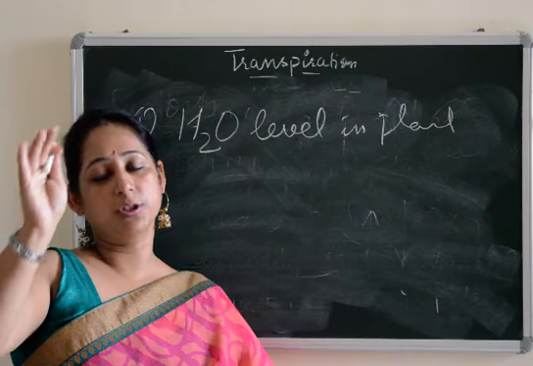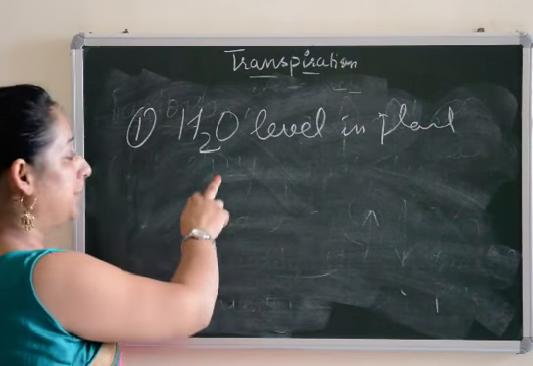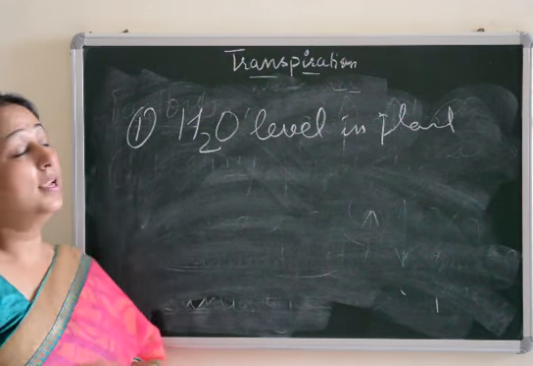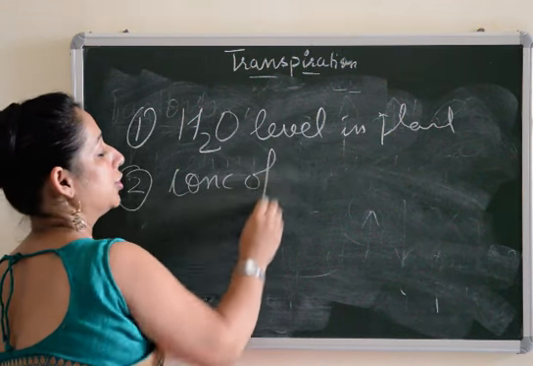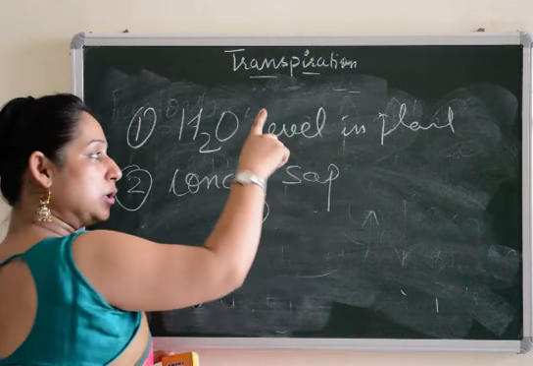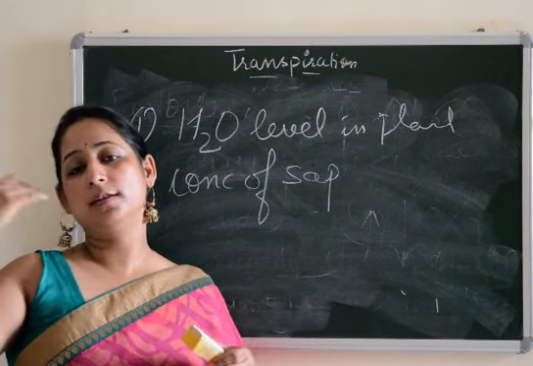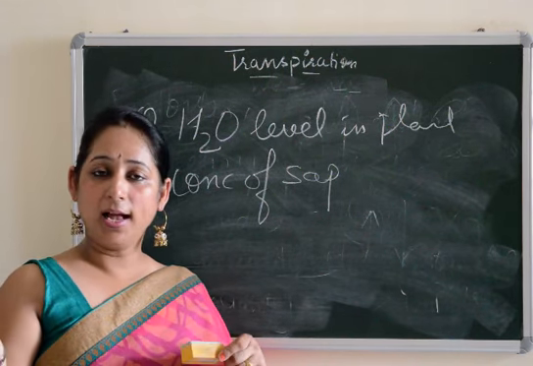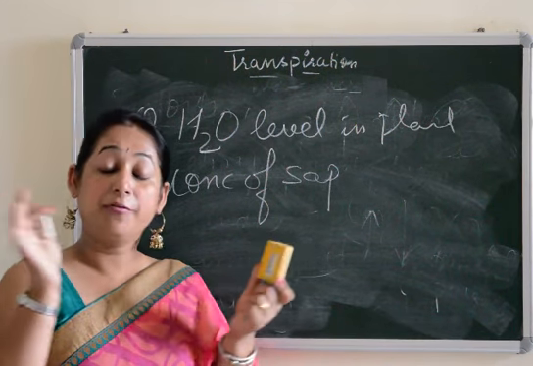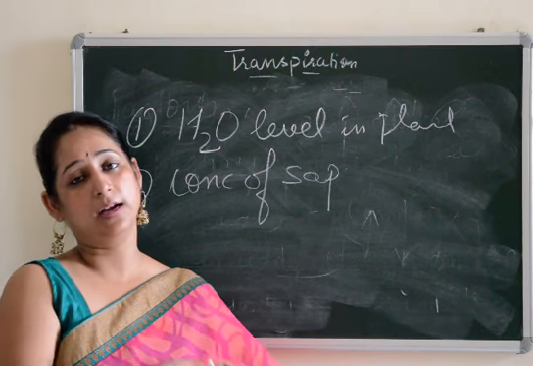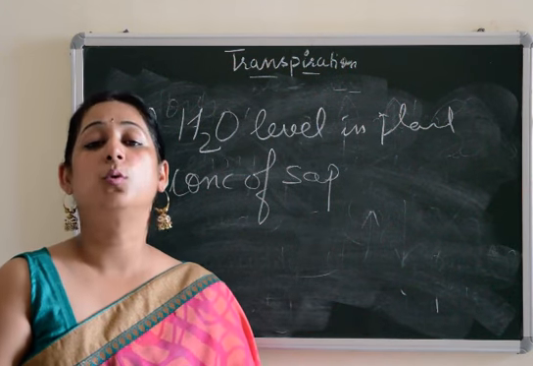That is, transpiration is more or less as compared to the water present in the plants. Second is it maintains the concentration of sap. That is also related: when the water is more in the plant, the concentration of the sap is less, so transpiration will occur. If it is less, transpiration will be reduced, so that the water is restored in the plant.